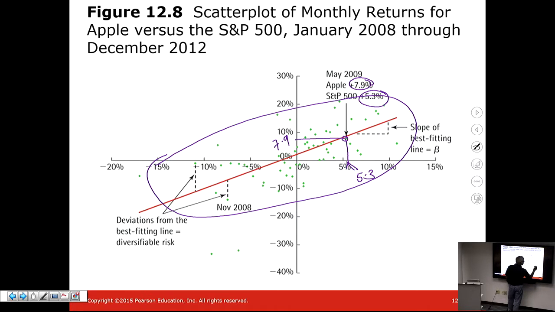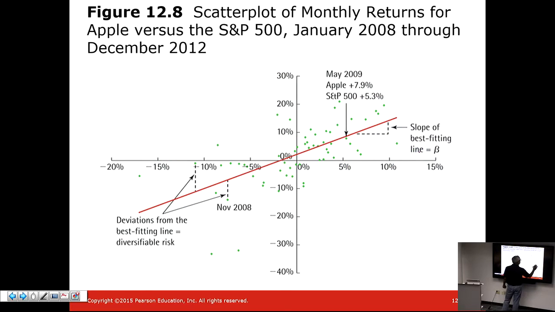Which means on the x-axis, I'm measuring the return on my market portfolio, and on the y-axis, I'm measuring return on my Apple stock. So each of these green dots represents a particular point in time. For example, this dot is for May 2009.